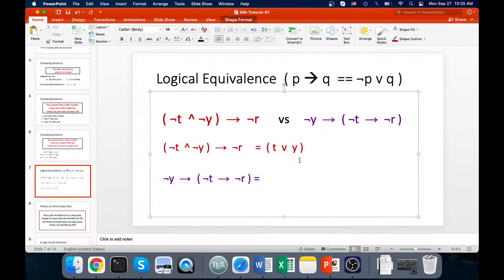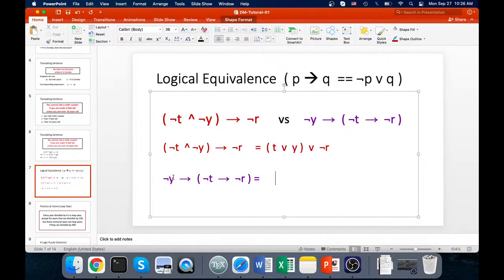So this is the negation of the first part. If I want to negate it, I change the not into the normal form, and becomes or, and then or the second part. The second part is not R, sorry. So I should write not R here. Yeah, it looks better. Okay.